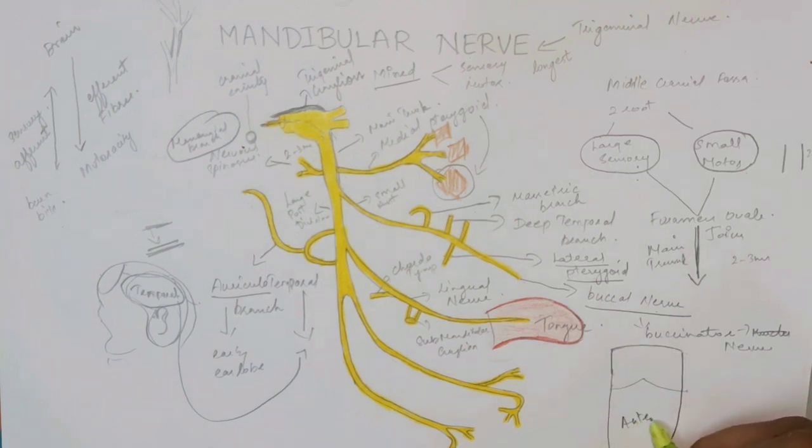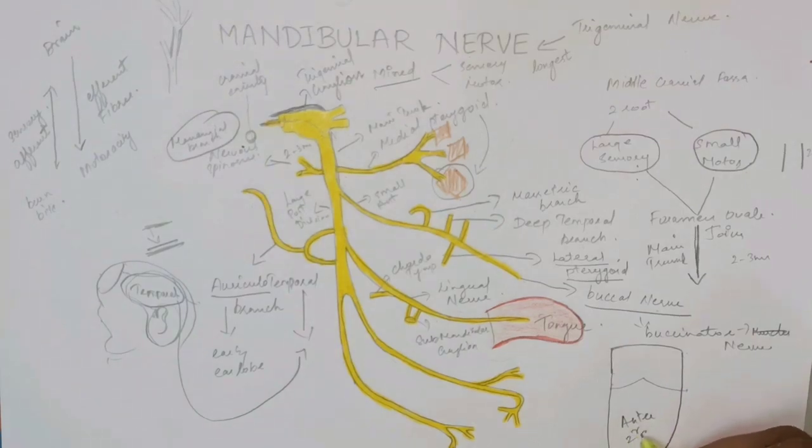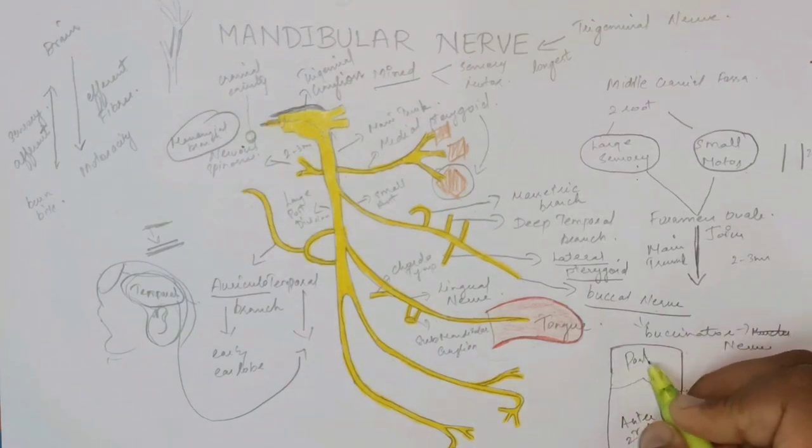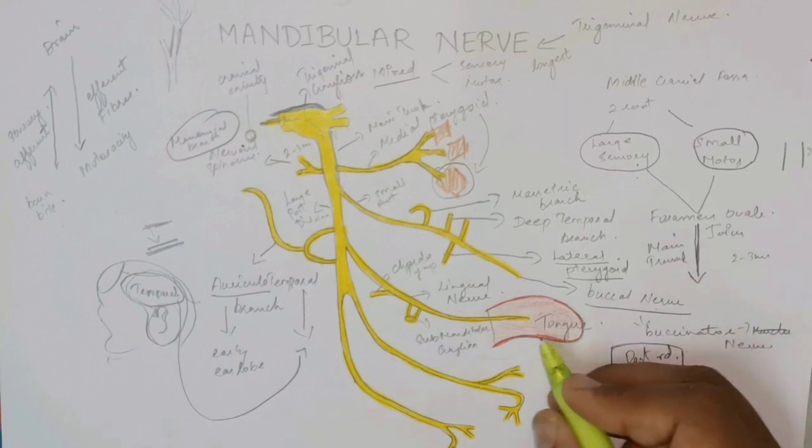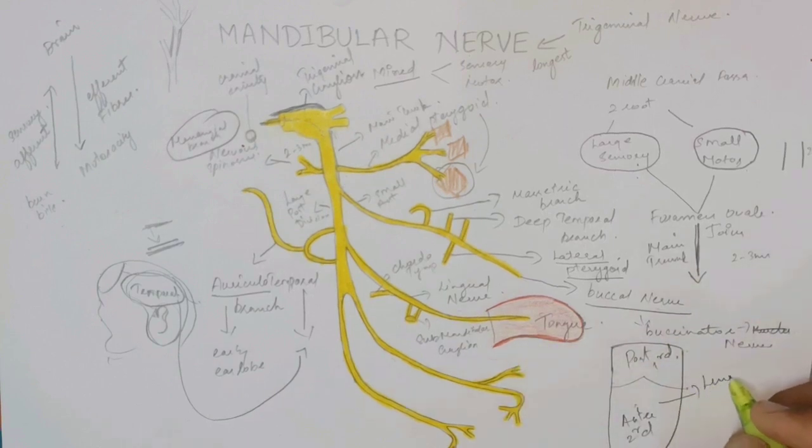This is the anterior two-third of the tongue, the front portion, and the posterior is the posterior one-third of the tongue. The anterior part is supplied by the lingual nerve, and the posterior is supplied by the glossopharyngeal nerve.